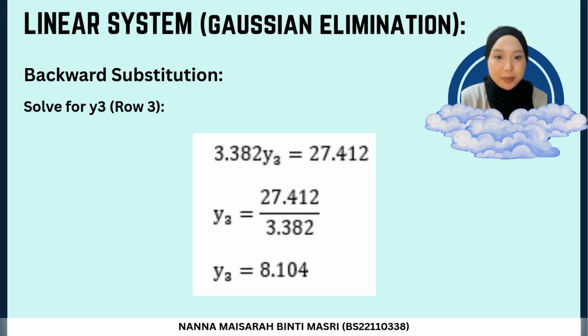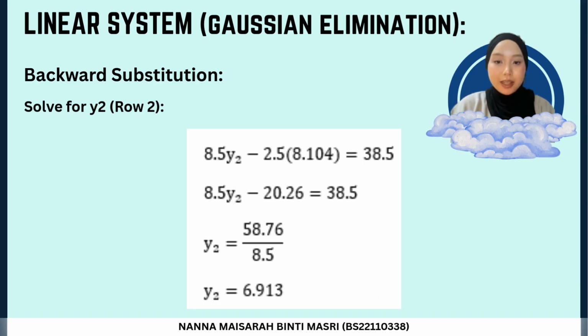For the backward substitution, first, I solved the last row for y3, which gave me exactly 8.104. Next, I substitute the value I got, which is 8.104, into the second row to solve for y2, which we get 6.913.